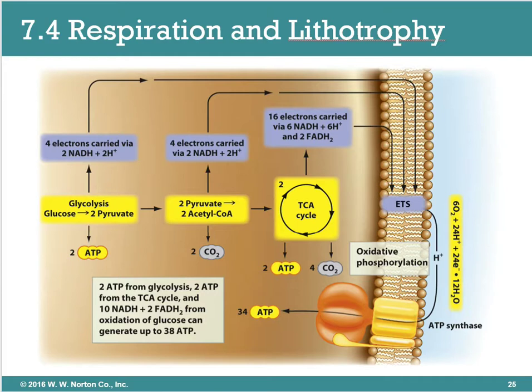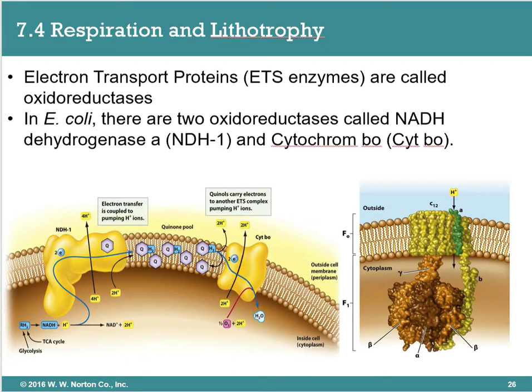Now, specifically in the context of E. coli, it does something very similar, but it has something a little different. Rather than having ATP synthase and everything, it uses different proteins, and specifically it uses two different kinds.